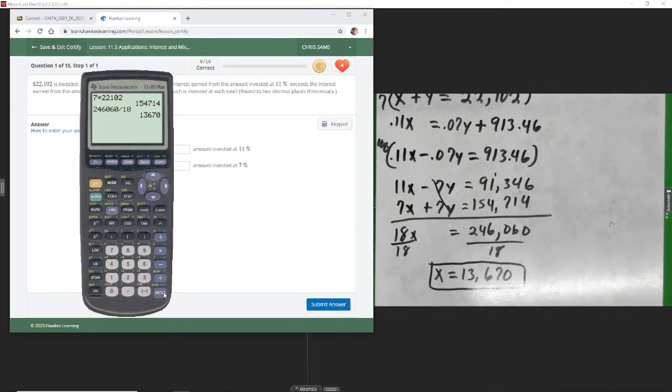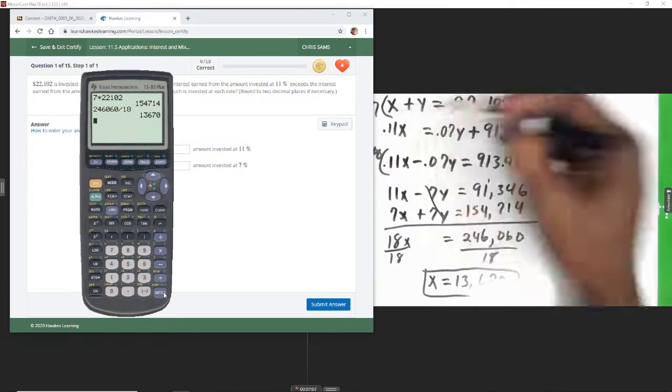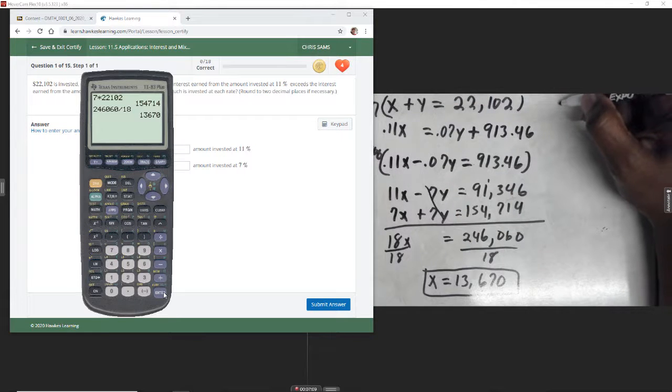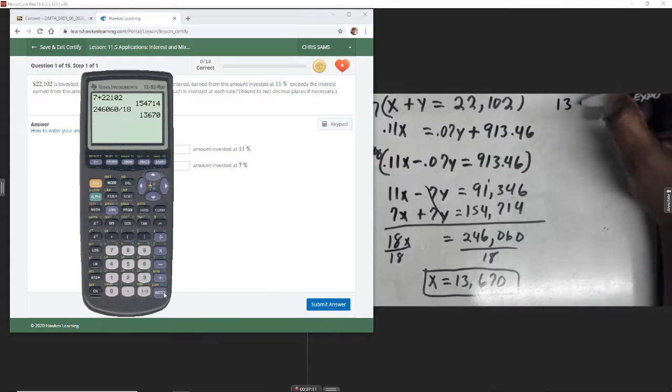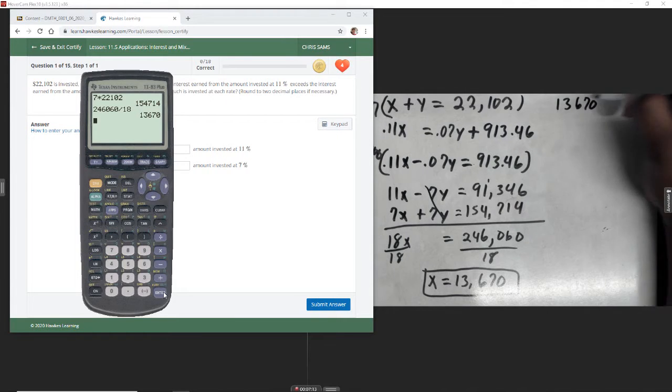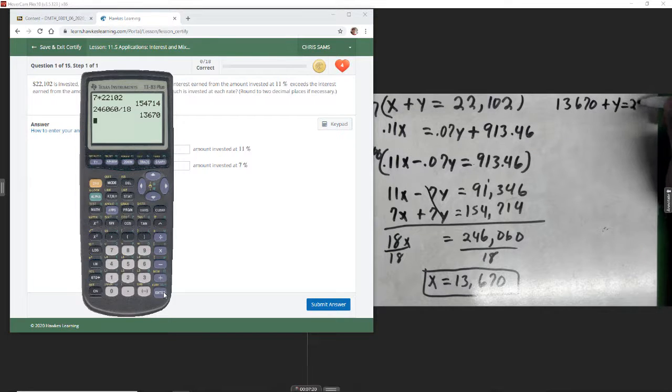Now that we know x, we go back to our original equation, and I'm going to plug it in. So 13,670, put that in the place of x, plus y equals the 22,102 that we started with.